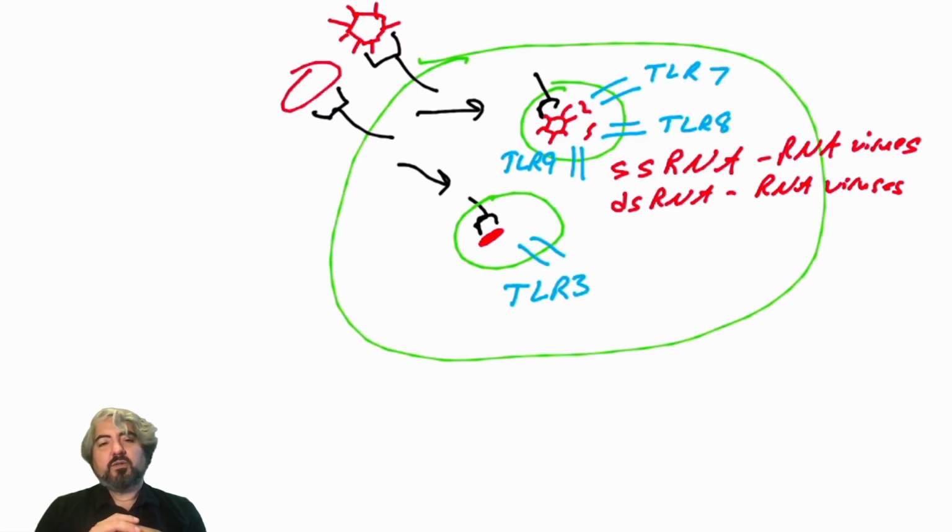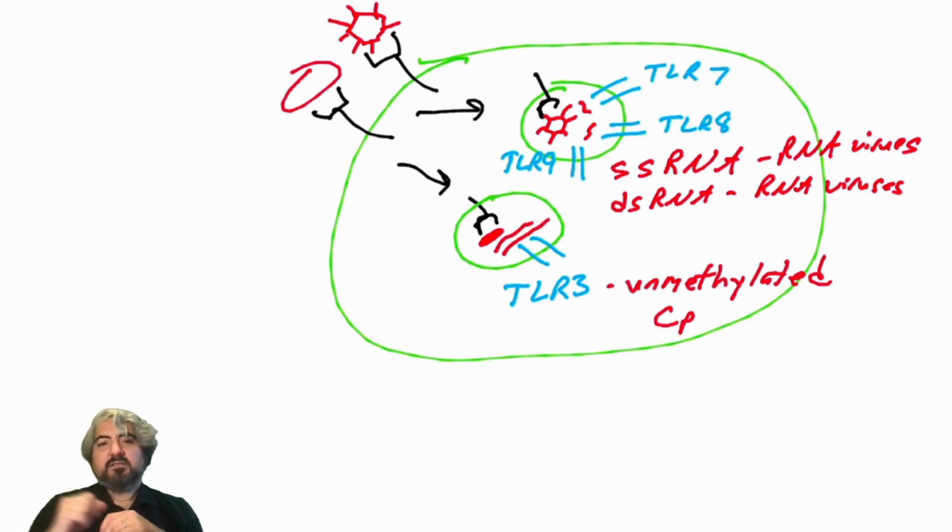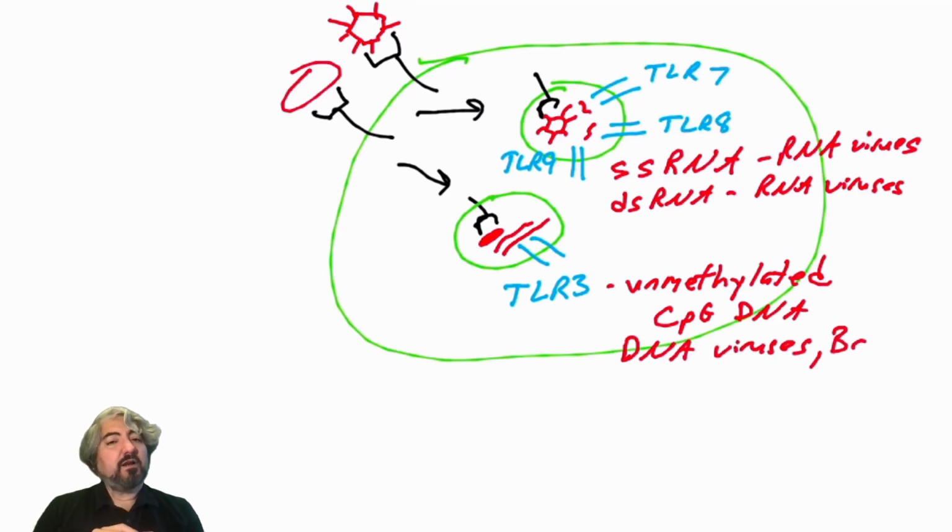One more toll-like receptor complex, TLR3, acting as a homodimer. Its ligand is actually DNA, not RNA, specifically unmethylated DNA. And it'll bind to cytosines and guanines in that DNA. Again, unmethylated DNA.